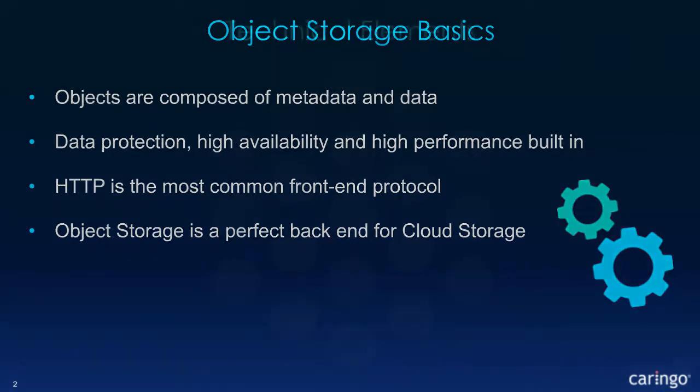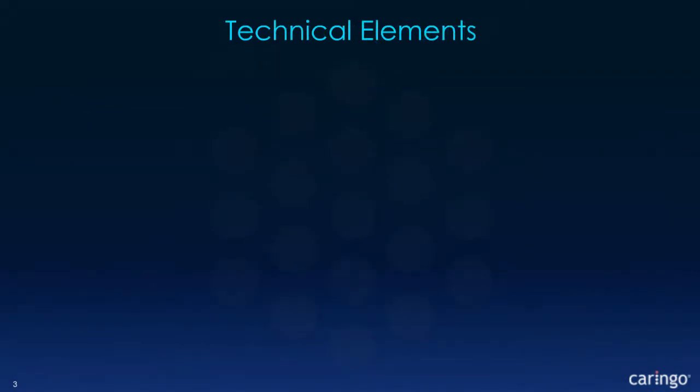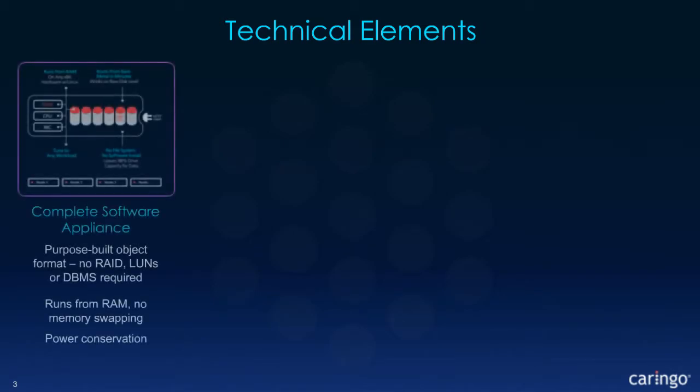And what I want to do is get a little bit more into technical elements of object storage systems and some of the differentiators between them. There are a few different approaches out there in the market. One is an approach that's much more like a software appliance. That happens to be the approach taken at Caringo. But there are also approaches where you can install your own operating systems, install your own file systems, and administrate machines in the system more directly.